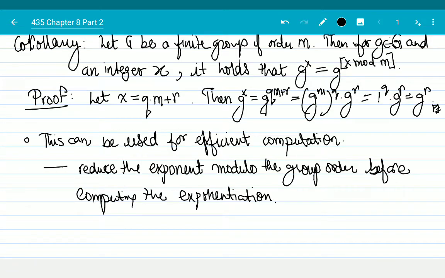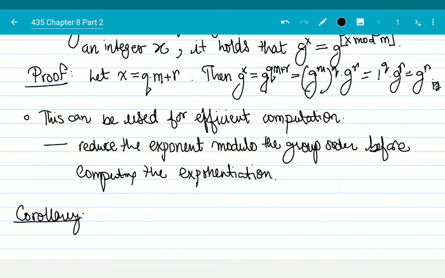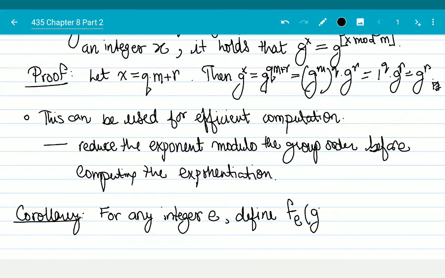Another important corollary of this is the following result. Let G be a group with finite order m. For any integer e, define a function f sub e of g is equal to g to the power e. Okay.